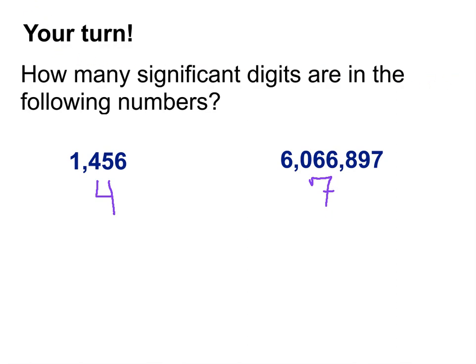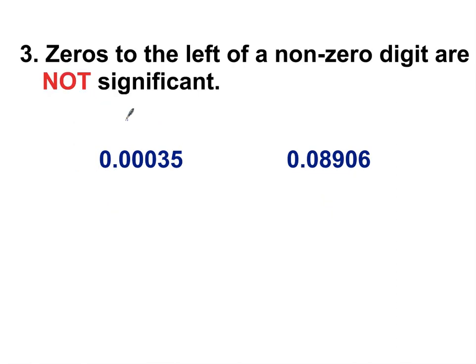Okay, what about our other 2 rules about zeros? Let's see. So rule number 3 is that zeros to the left of a non-zero digit are not significant. So if we were to look at this number, 0.00035, we have 4 zeros that are to the left of non-zero digits.